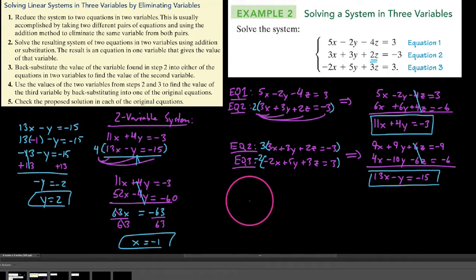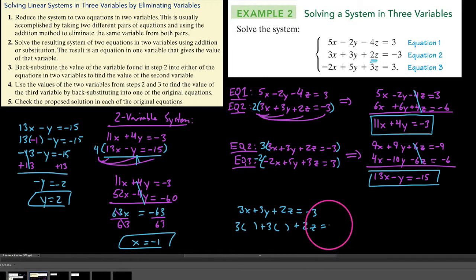And so, I would say even below this work right here, I'd finally say, okay, well, I know that 3x plus 3y plus 2z is equal to negative 3. And so what we know now is that x and y have known values, and that z is the unknown value. And so we're going to plug in for x negative 1 and plug in for y our 2.